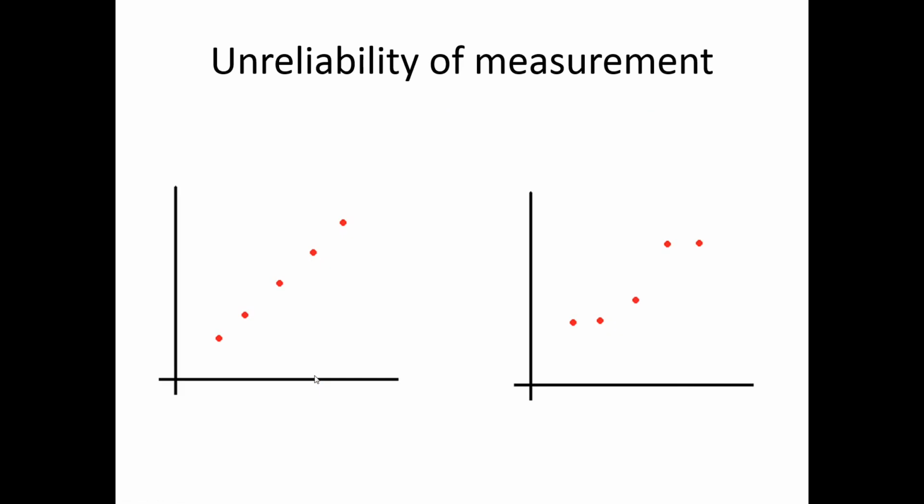The other thing which may affect the correlation coefficient is unreliability of measurement. Let's say that there is a perfect correlation between two variables, but we don't have precise enough measurements.